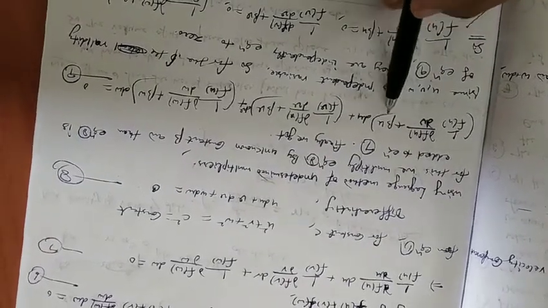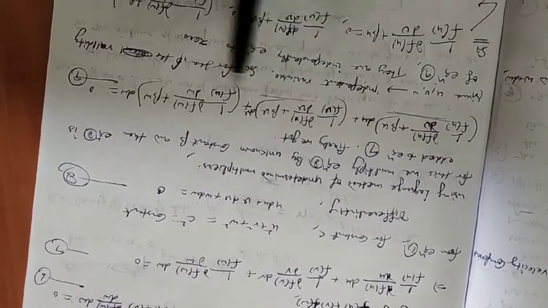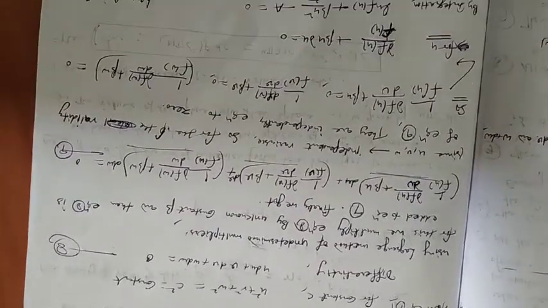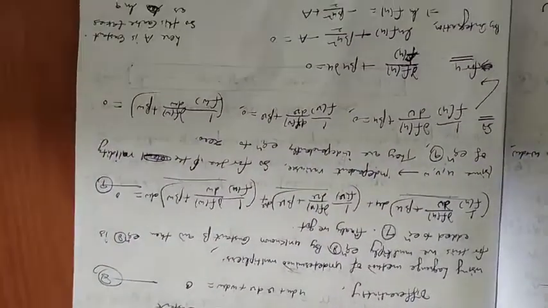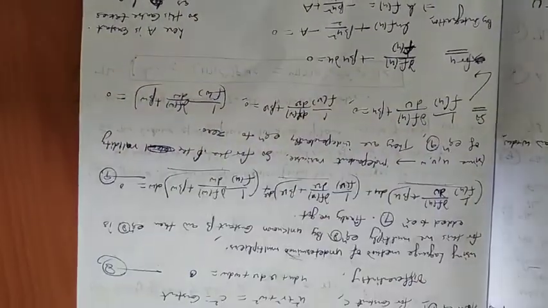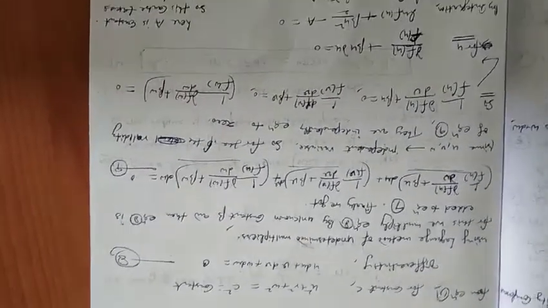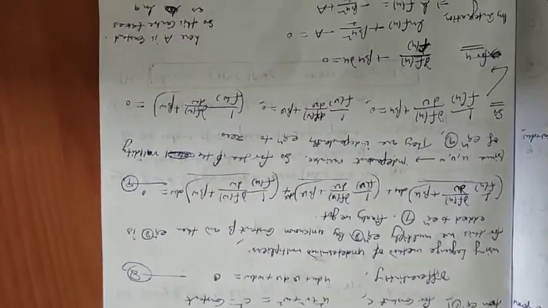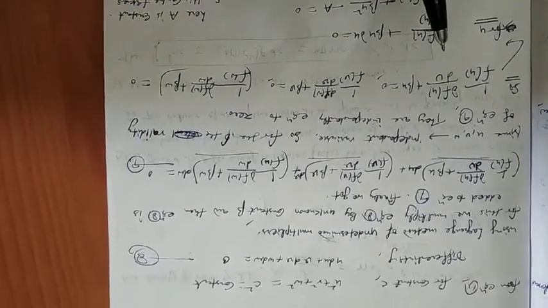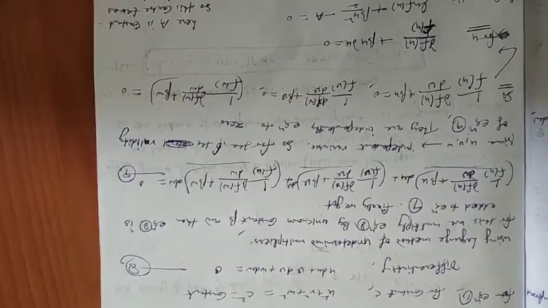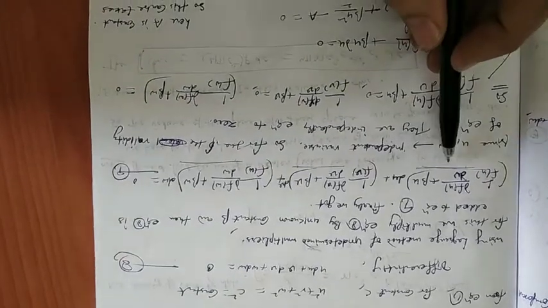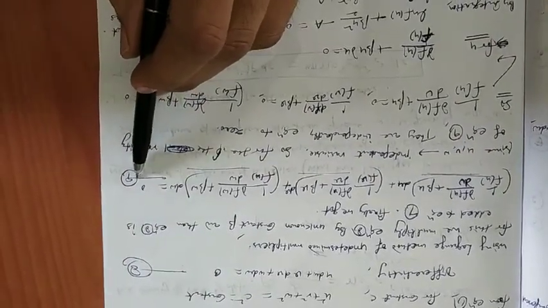After all, we find equation 9: 1 upon f(u) times del f(u) upon del u plus beta u, for u, and similarly for v and for w. Since du, dv and dw are independent variables, which means they are not dependent on each other, their differentials will be arbitrary, which means each of these expressions must be 0 for this equation to be satisfied.